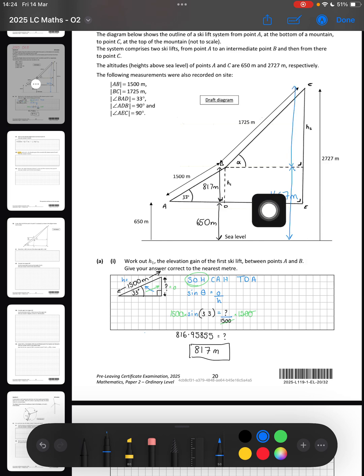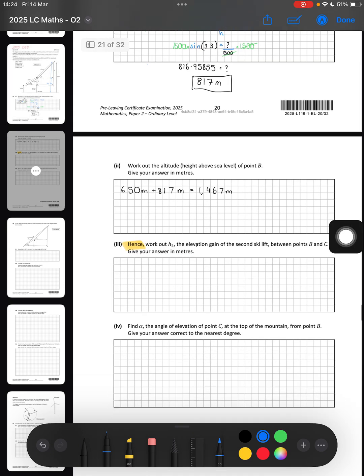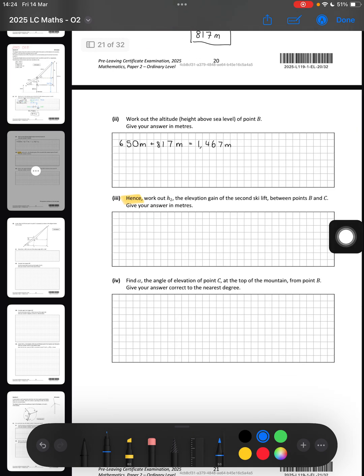Okay, now we know that those two together are going to add up to 2727. Okay, so a nice question there again. Okay, it's just what needs to be added on. So I'm going to literally just say 2727. Take away this height that I already have up to B. So up till 1467.